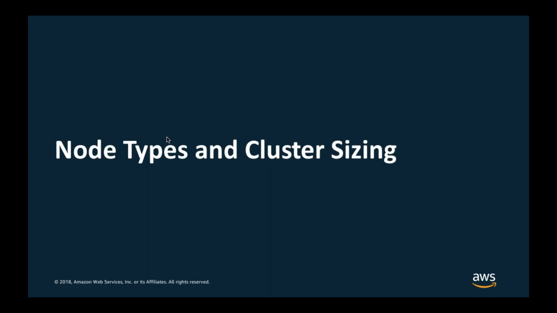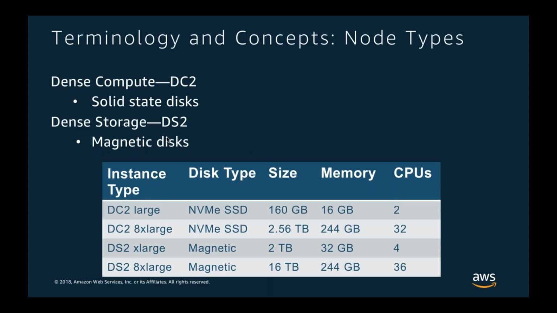As I said earlier, we offer different types of nodes, primarily classified as dense compute and dense storage. Dense computes are nothing but nodes with solid state disk, so they have SSDs on them. They come with better performance than the dense storage.